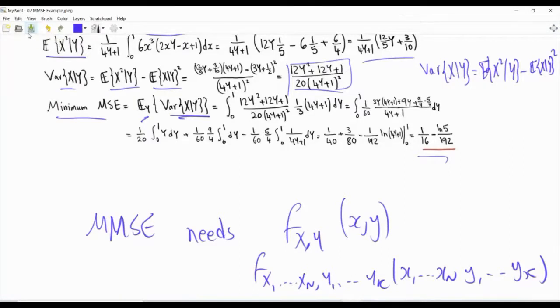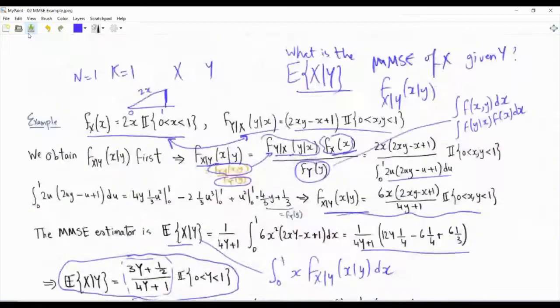And definitely in practice, in the overwhelming majority of situations, we have no idea what this joint is. So this is a conceptual framework that is nice, but if I don't give you the joint, you have no way to answer the problem.